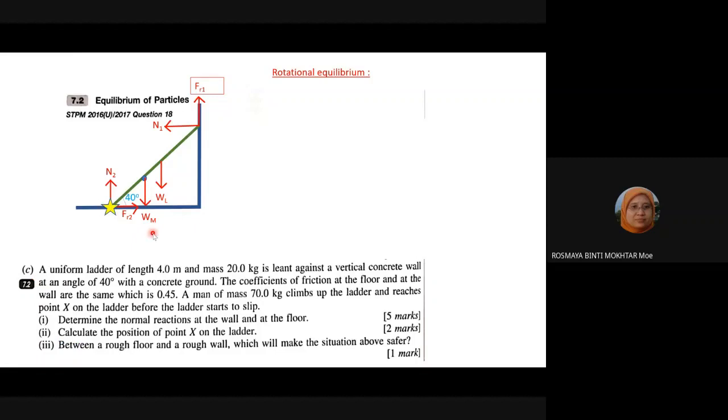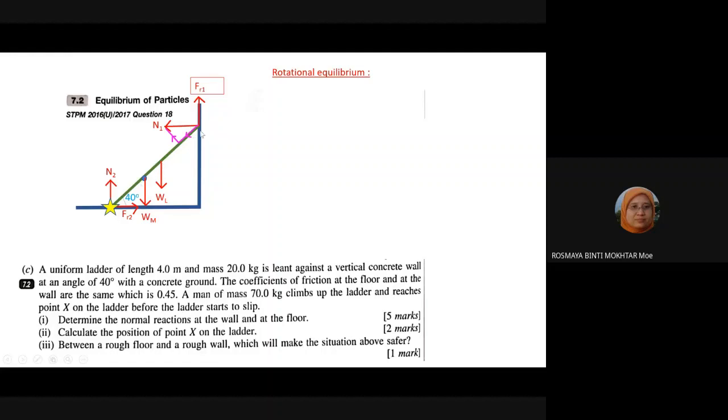Okay, so next. We resolve the components to get all the forces perpendicular to the distance. Remember that moment is force perpendicular to distance. So that's why we need to resolve the components.